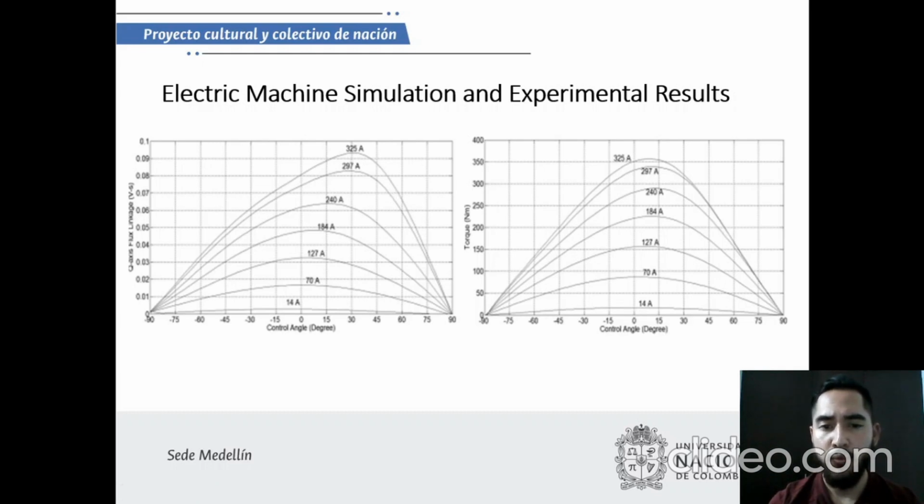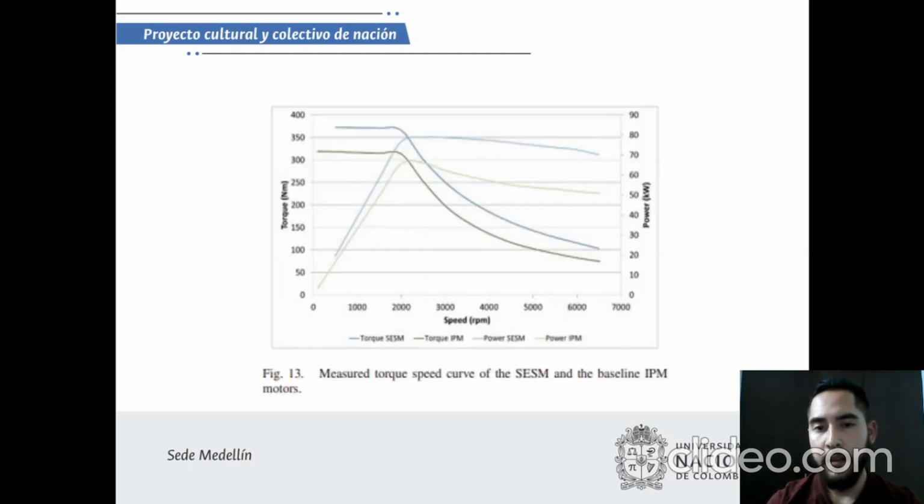This is mainly due to the saturation effect. The torque speed curve developed for the engine is presented in the figure, which also illustrates the torque speed curve of the PM engine. As we can see, the SE-SM is able to significantly increase the torque and power compared to the equivalent IPM engine.